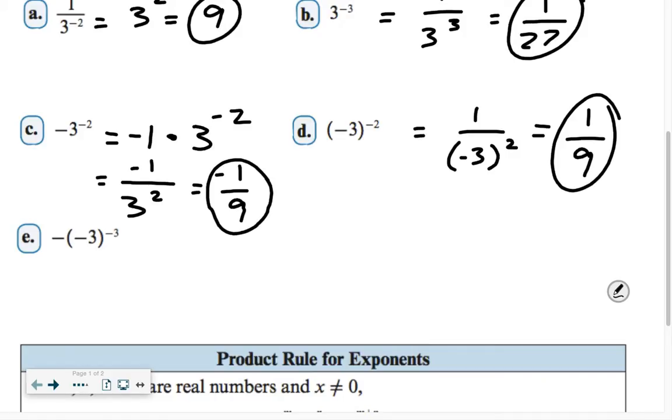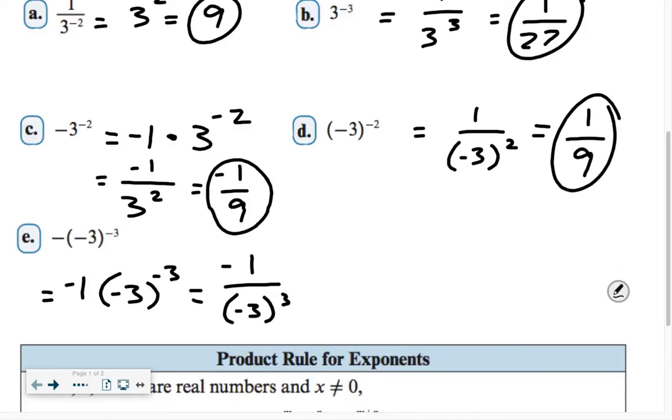And now Saxon is just playing with us. Negative 3 to the negative third. So, outside the parenthesis, that is a negative 1. Negative 1 over, keep the base the same. So there it is.